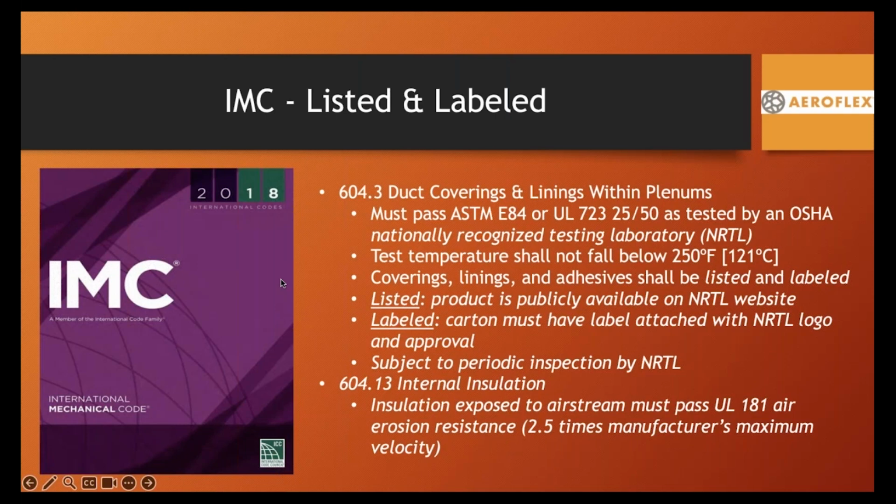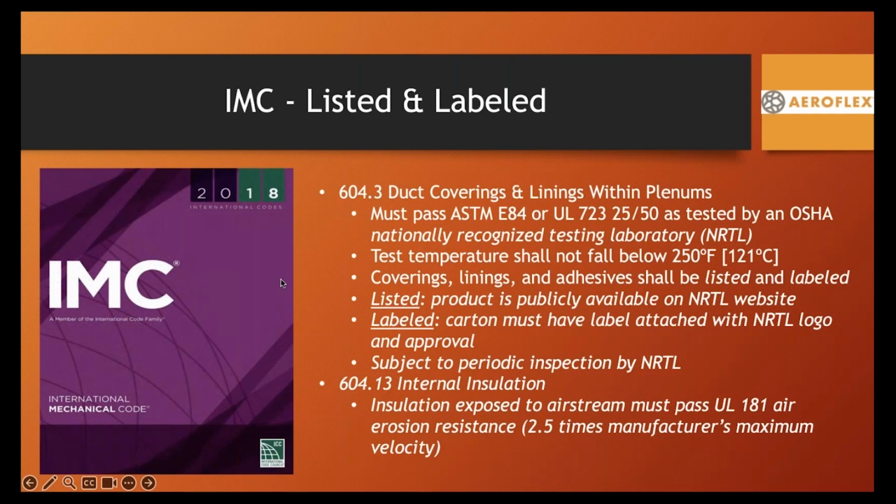And then finally, if insulation goes inside the ductwork, it must pass UL 181 air erosion resistance, which just means that whatever the manufacturer publishes for maximum air velocity over their liner, the test is 2.5 times greater. For example, if a manufacturer lists 4,000 feet per minute maximum air velocity, then they test at 10,000 feet per minute.